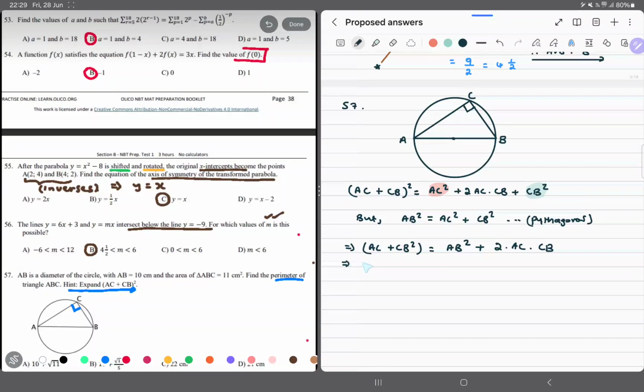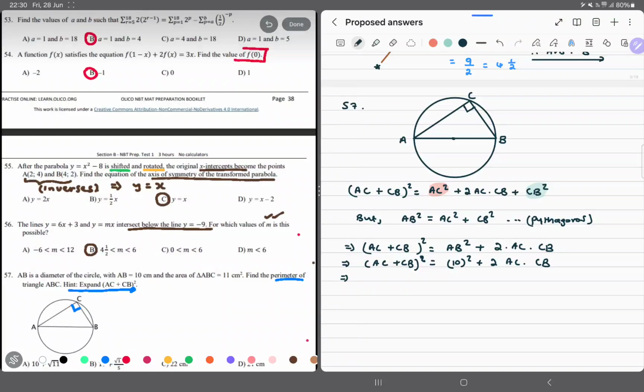So this also implies that AC plus CB, I don't know why the square is all of a sudden inside. So guys, be vigilant. Obviously in the NBT, you're not really supposed to show the steps. What is AB? This is 10 squared plus 2 times AC times CB.